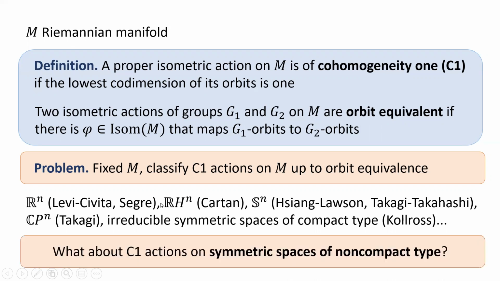So the problem I'm interested in is what happens with cohomogeneity one actions on symmetric spaces of non-compact type, the dual spaces to the symmetric spaces of compact type. Let me start with the simplest example of a symmetric space of non-compact type, namely the real hyperbolic plane.